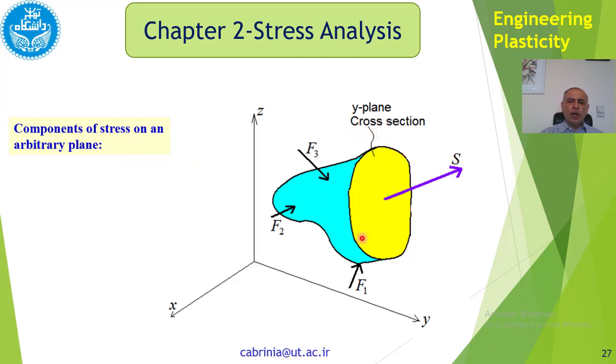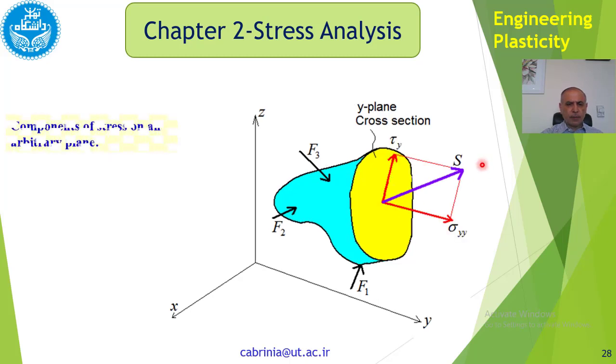Therefore, if we find the equations for an arbitrary plane with an arbitrary angle, then it is enough to change the angle and we get the stress at any point and any plane. So that's what we are going to do. Now, if this S is the stress, then the components of a stress on an arbitrary plane are like that.